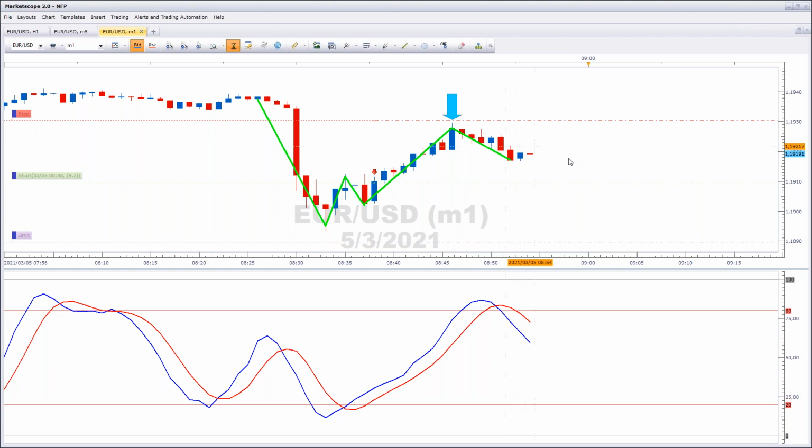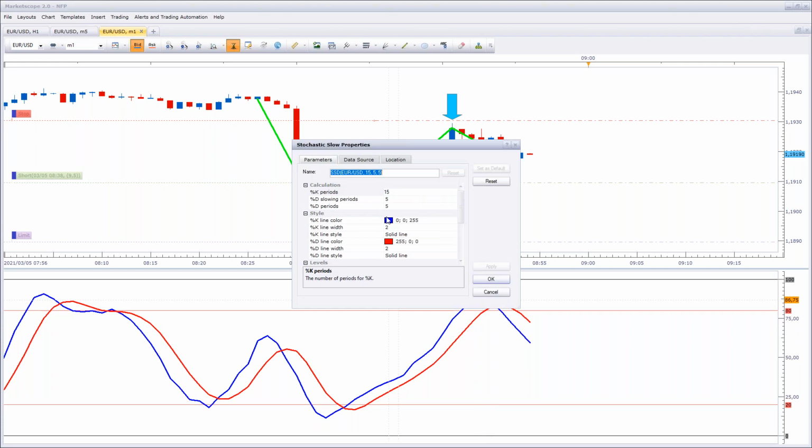I'm using a standard stochastic. This is a slow stochastic, 15.55 there, Ian. 15.55. Does that answer the question there?